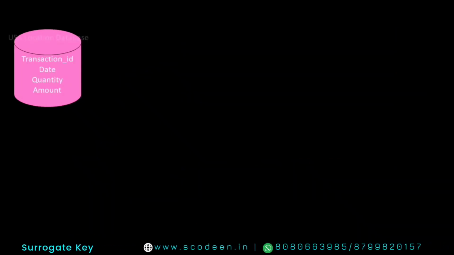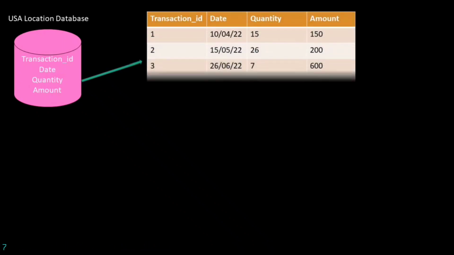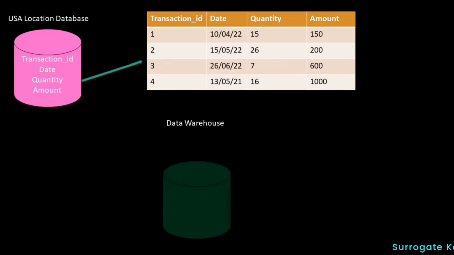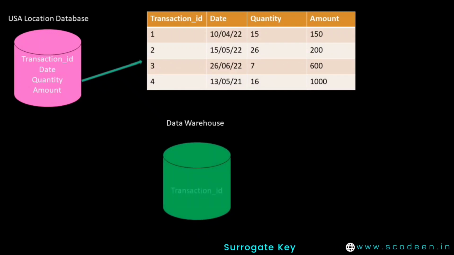Now observe source system 1, that is the US location database data. Its transaction IDs are 1, 2, 3, 4. So whenever we upload this data into the warehouse, the data will be uploaded successfully.